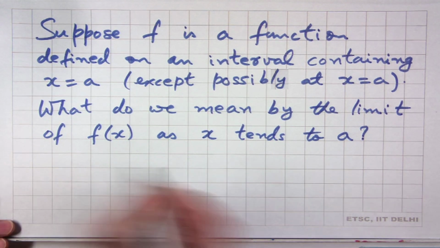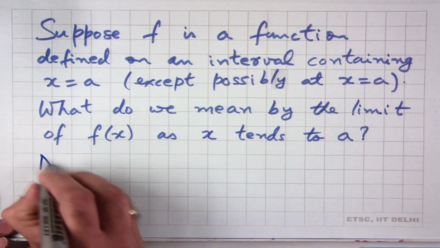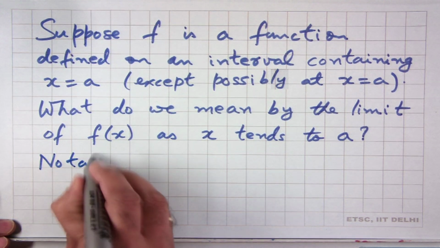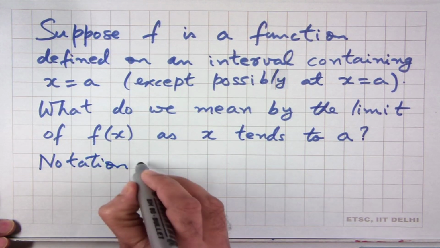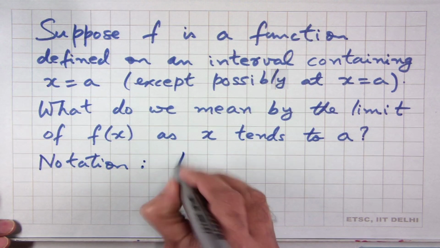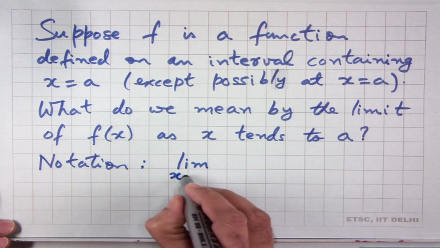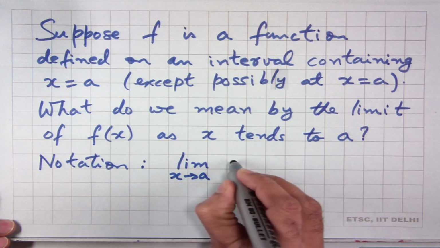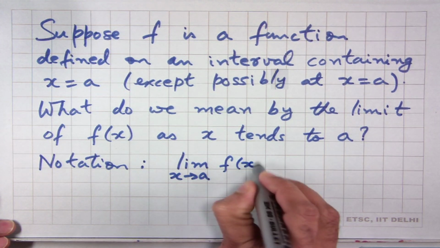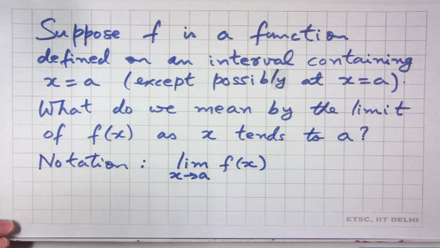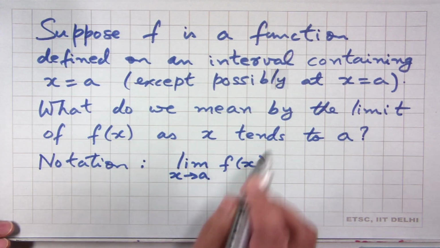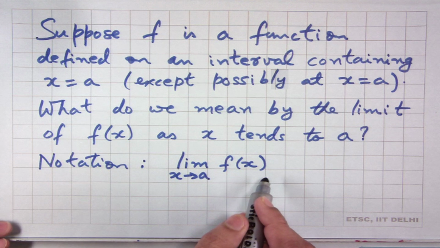So, the notation we will use for the limit is: we write lim, limit as x tends to a, of the function f of x. This denotes the limit of f of x as x tends to a.